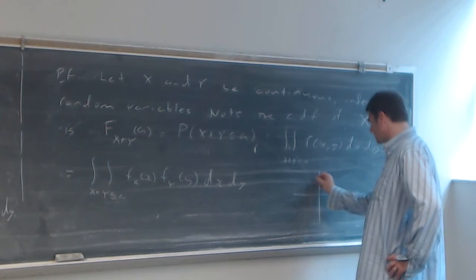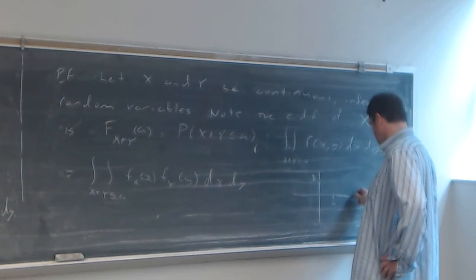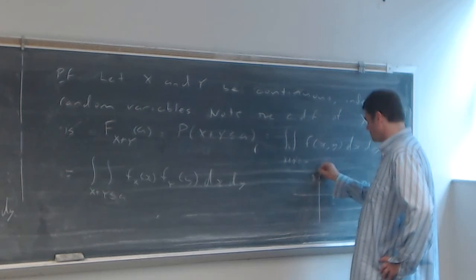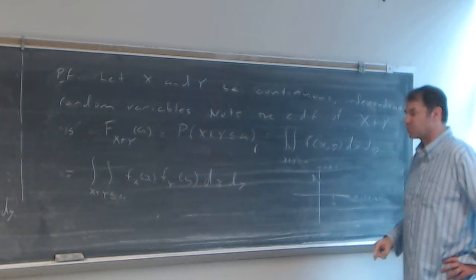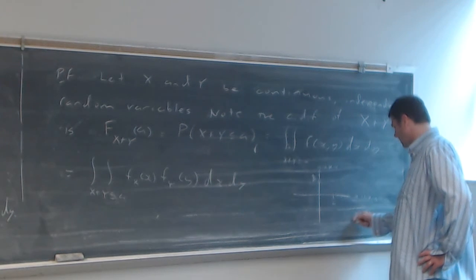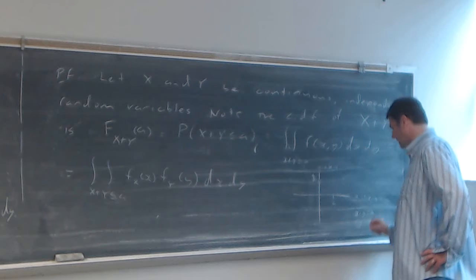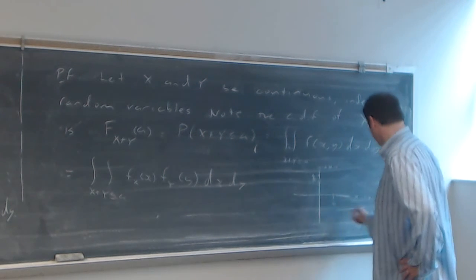Now let's see what region it is that we're talking about. So here, let's let this be a, here's my x-axis, here's my y-axis. Okay, so let us graph x plus y equal to a. So x plus y, so I'm looking at little variables, equals a, is the same thing as y equals a minus x. When x is 0, y would have to be a.